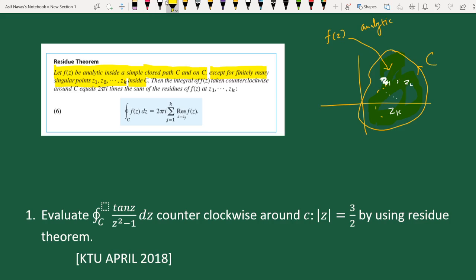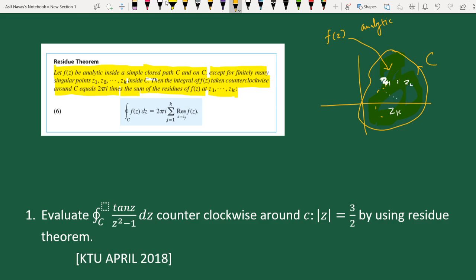Then the integral of f of z taken counterclockwise around C is equal to 2 pi i times the sum of residues of f of z at z1, z2, etc., zk.